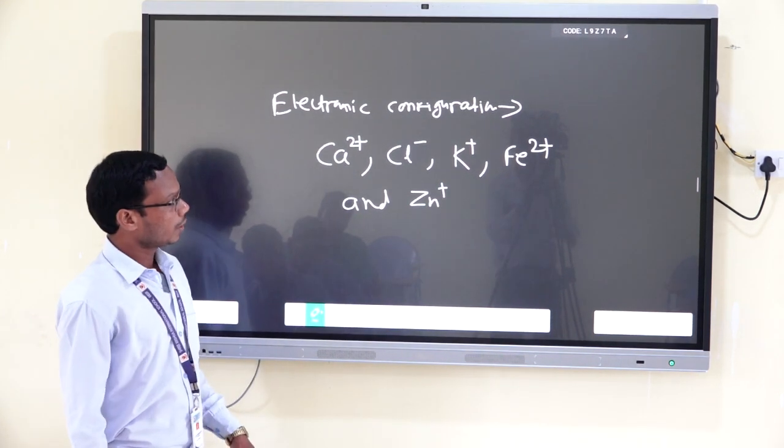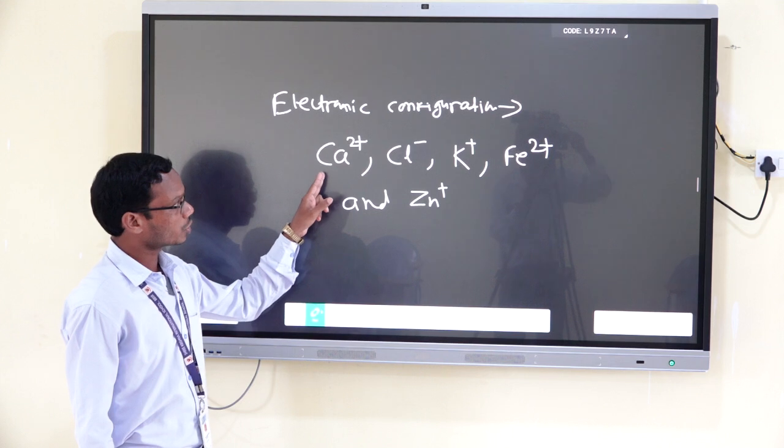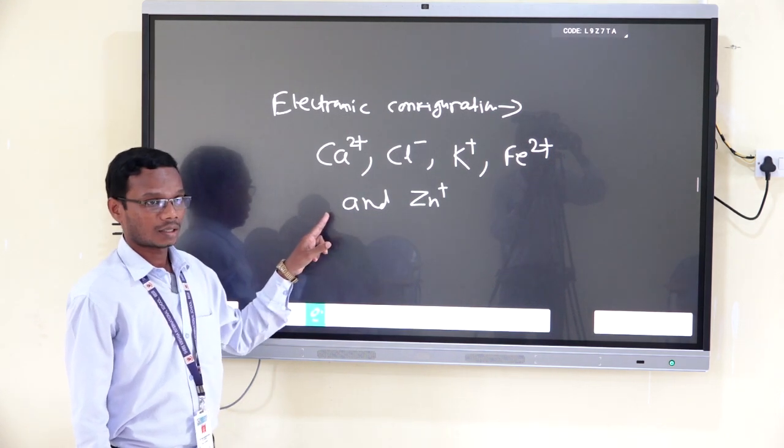Today's homework is you have to write the electronic configuration of these species.